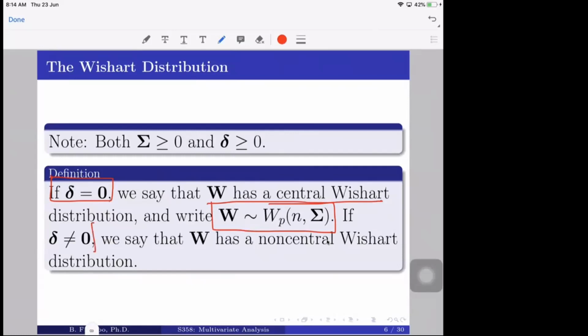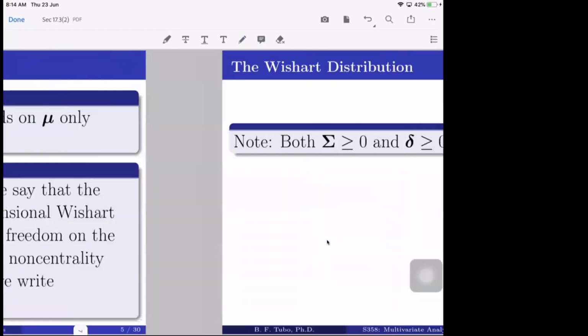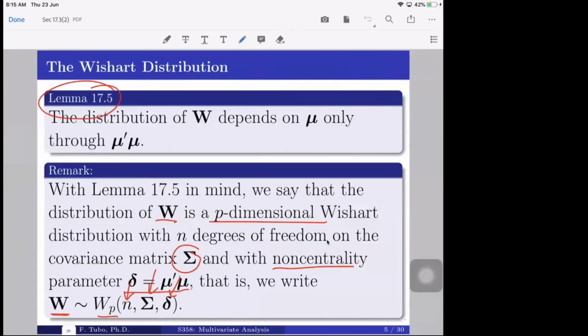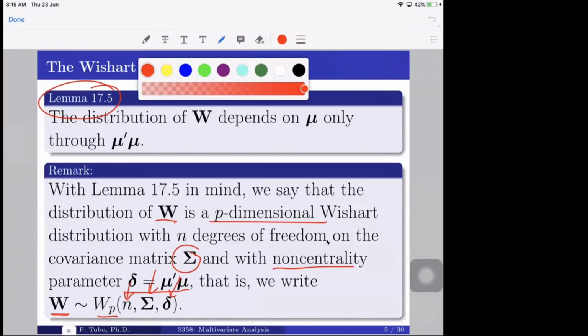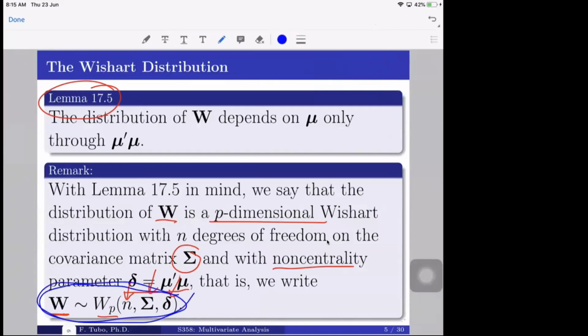If it is not equal to zero, then we say that W has a non-central Wishart distribution. So in general, you write it in this form.